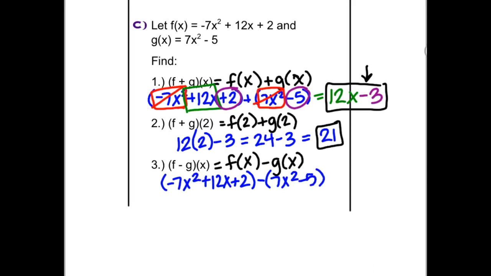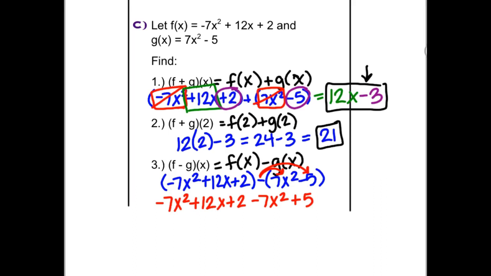So as you probably guessed, we need to distribute that minus sign, which gives me negative 7x squared plus 12x plus 2 minus 7x squared minus a negative 5, which is plus 5.